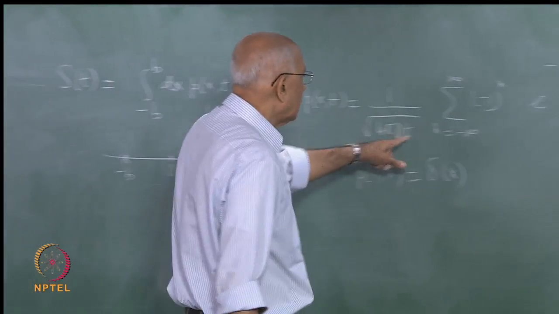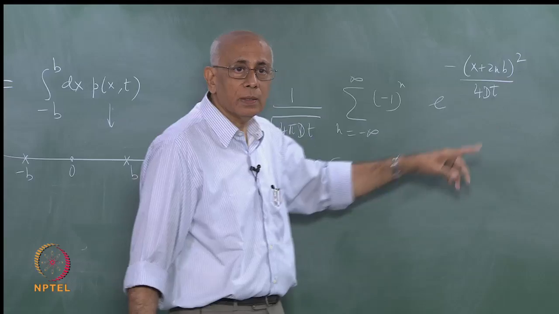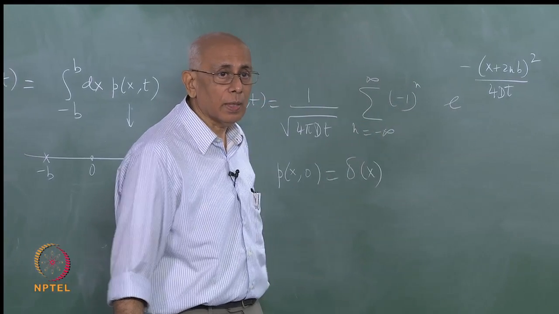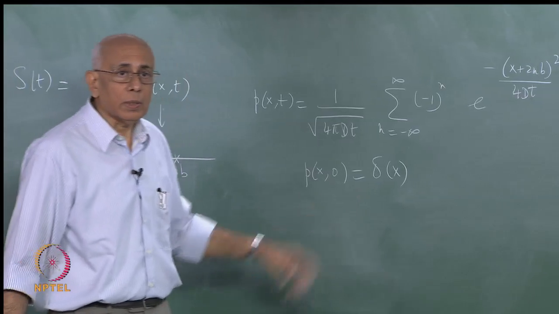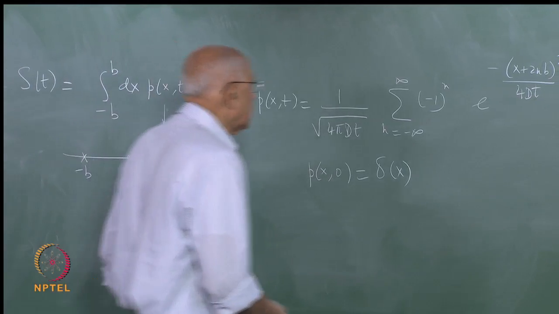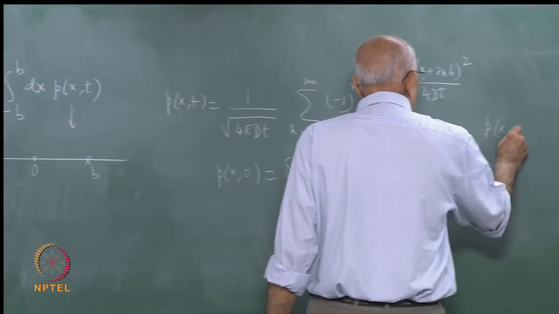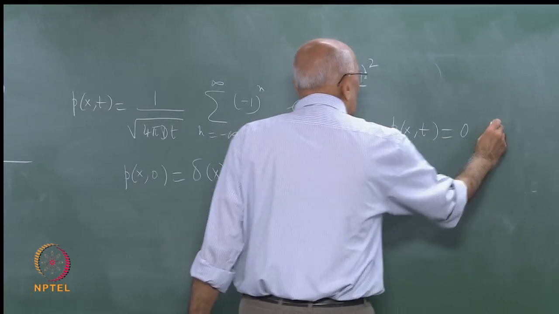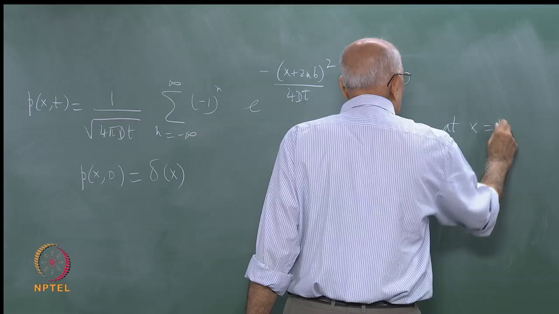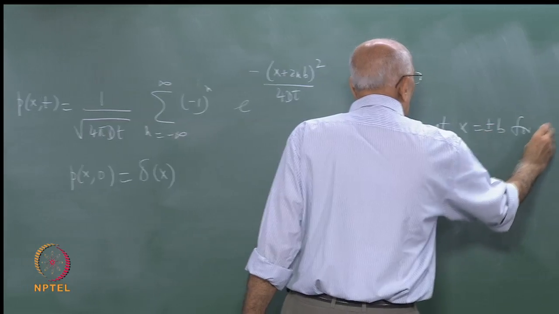There is a t sitting in the denominator here, there is a t sitting here, and there is a big sum here over all n, but it goes to this point here. I urge you to check that this boundary condition is immediately satisfied, p of xt equal to 0 at x equal to plus or minus b for all t.